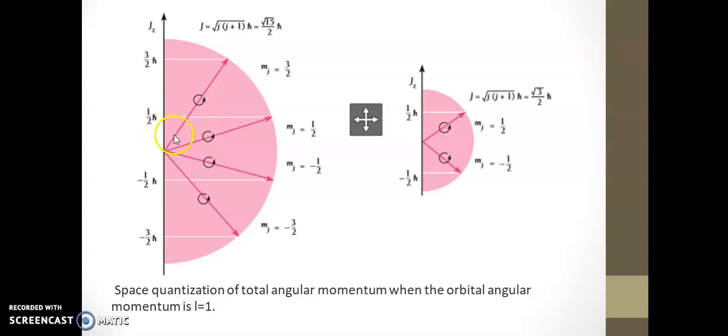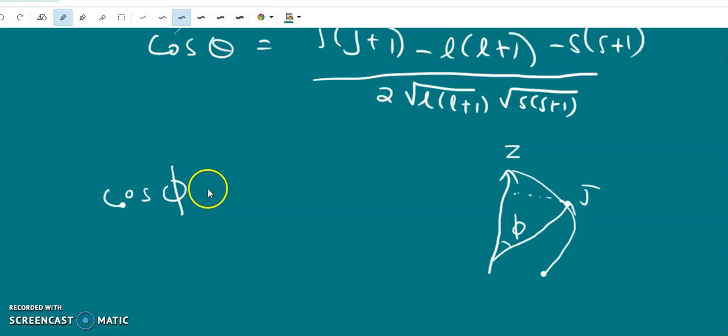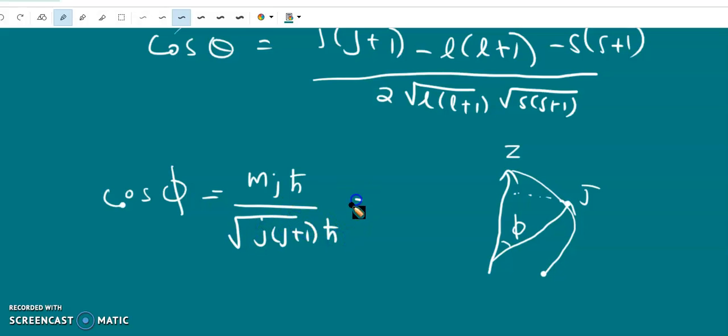So for cos phi, the adjacent side is mj times h-bar, and the hypotenuse is the magnitude of J, root of j into j plus 1 times h-bar. So substituting, cos phi is equal to mj times h-bar divided by root of j into j plus 1 times h-bar. So mj divided by root of j into j plus 1.